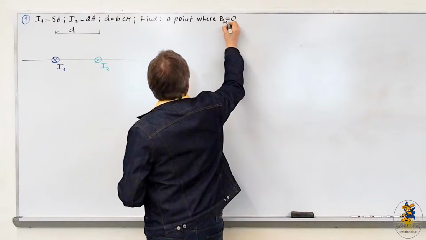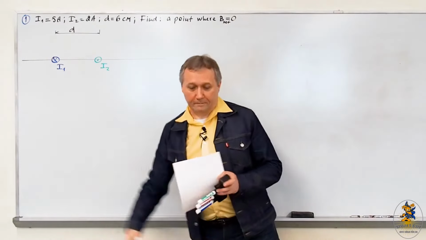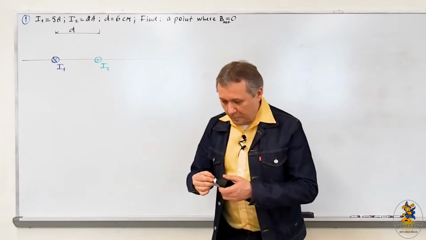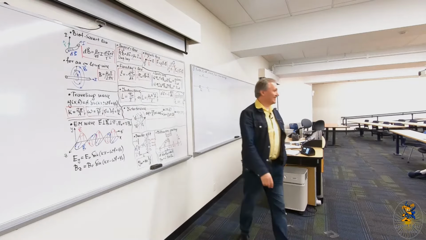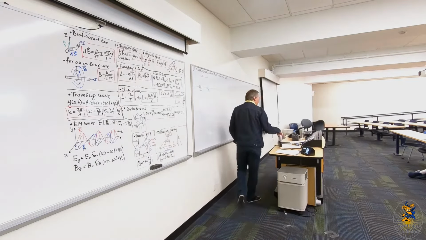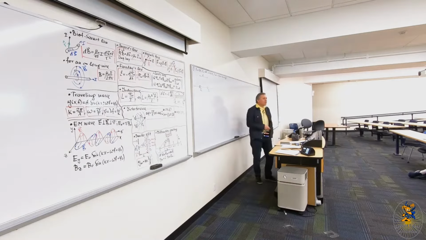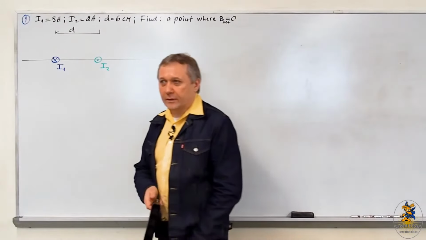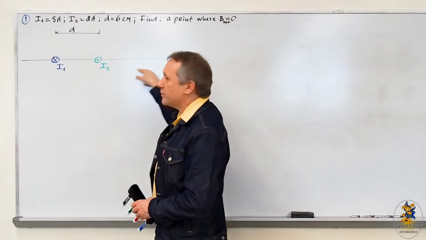Let me emphasize, net magnetic field equals 0, on this line. First of all, we need to show magnetic field lines in order to see the directions of the magnetic fields. And then we will have to analyze this region and that region.